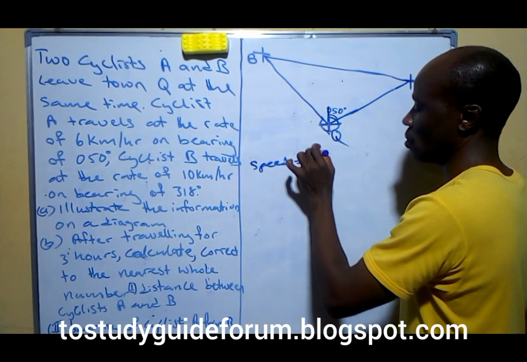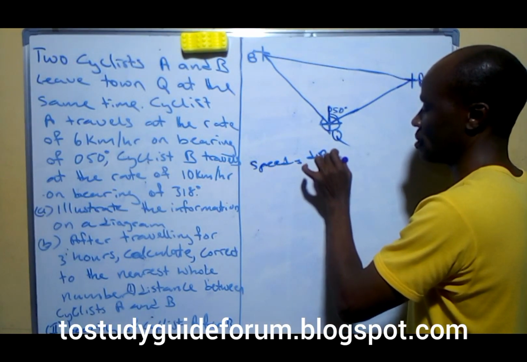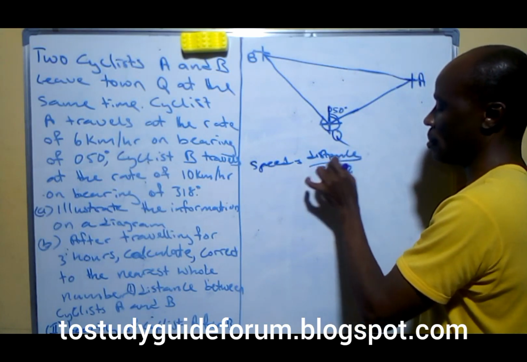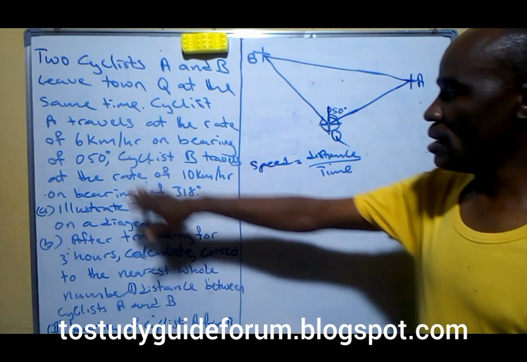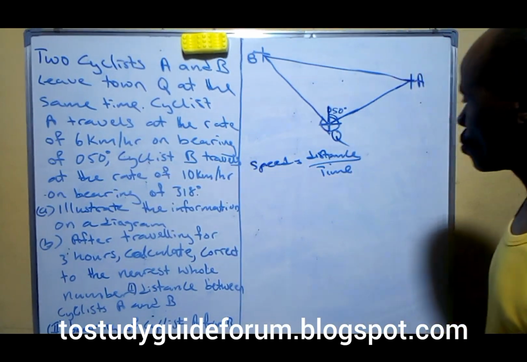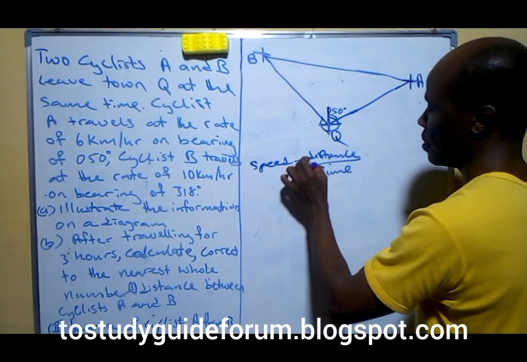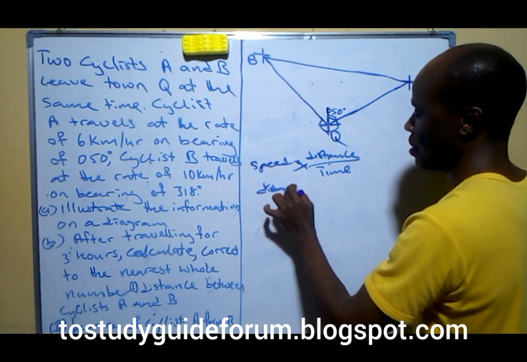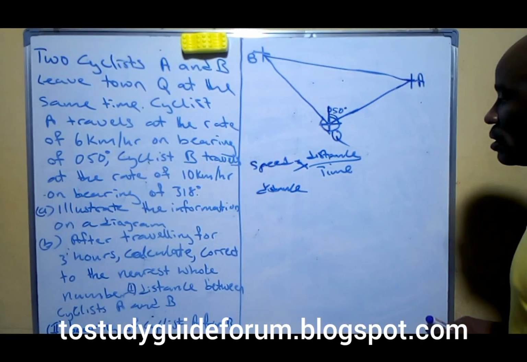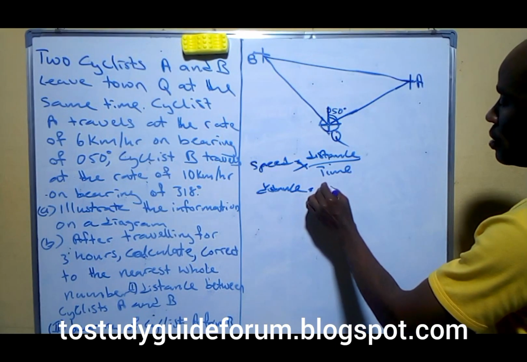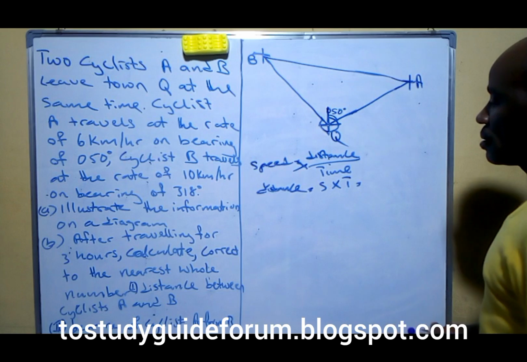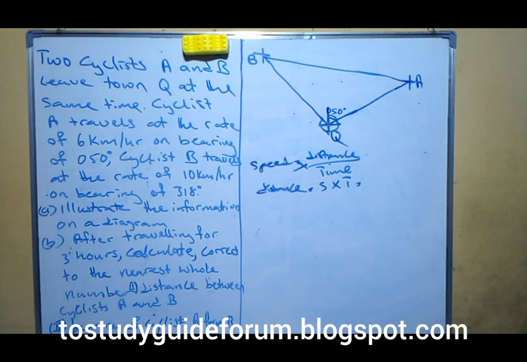Speed is equal to distance over time. So to get the distance, the distance will be speed, S, times T.